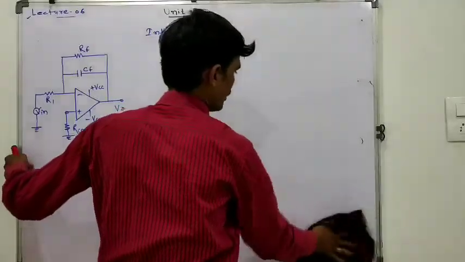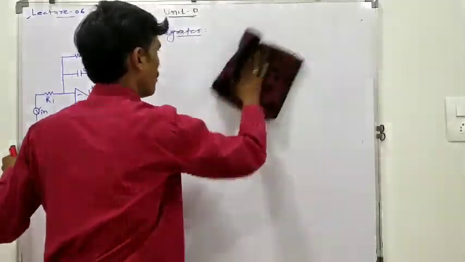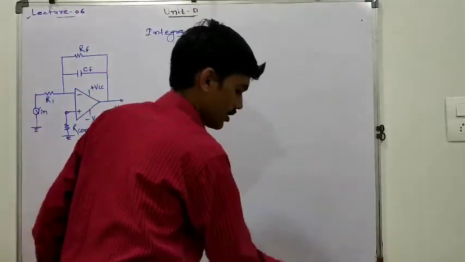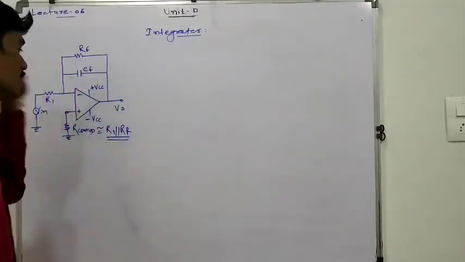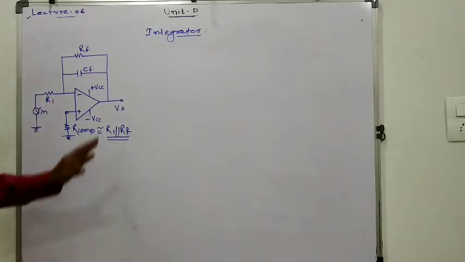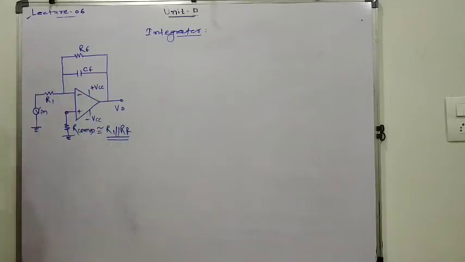So now we have the formula for the output voltage, that is VO is equals to minus 1 upon R1 into CF, integration of Vin with respect to dt. By using that formula, we can obtain any output from the input for the integrator circuit, or we are able to draw the output waveshape.